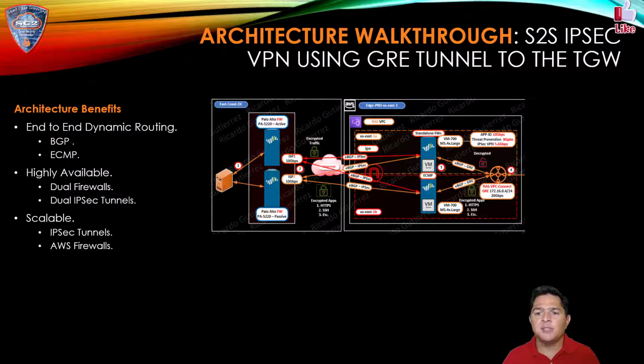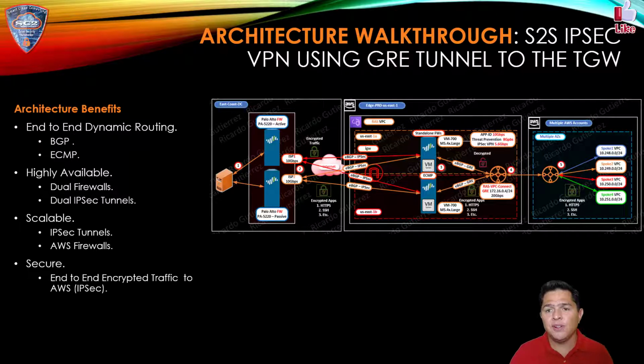That means you can spin up another firewall, let's say in AZ C, and another firewall in AZ D. So now you have 4 firewalls connected to your data center. And of course, you would have to build your IPsec tunnels to those new firewalls. So this provides a very scalable solution.